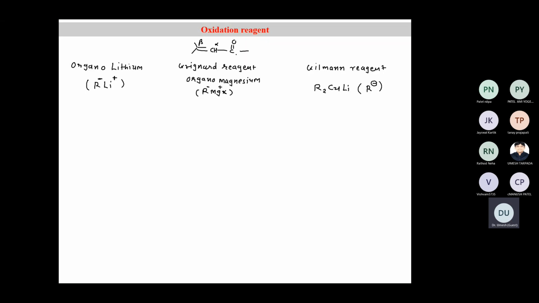The carbonyl carbon is electron deficient, the alpha carbon is electron rich, and the beta carbon is electron deficient. So the nucleophile R minus can be added either at the beta carbon or at the carbonyl carbon.